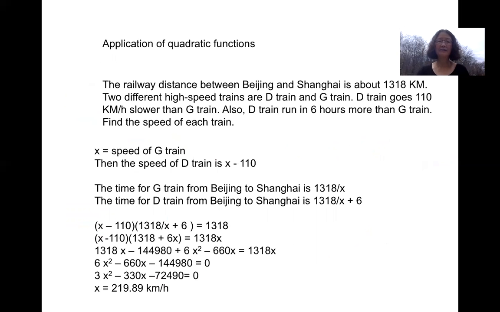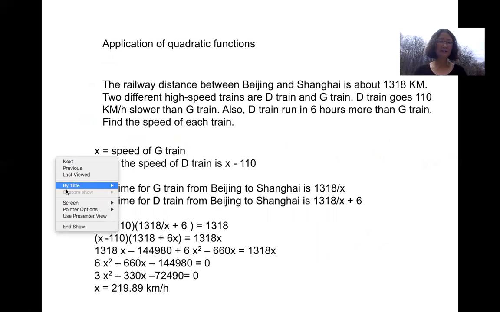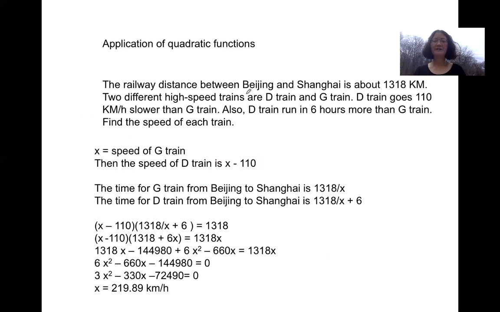Application of quadratic functions. This is an interesting example, and I just created this example out of my head. The railway distance between Beijing and Shanghai is about 1,318 kilometers. Two different high-speed trains are the D train and the G train.